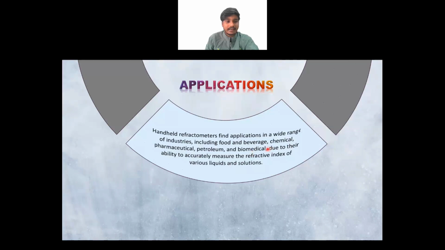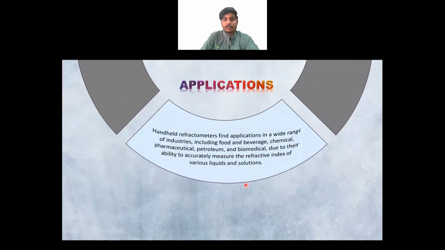We also use this in chemical laboratories or chemical industries for concentrations of solutions and for quality control. And also we use this analytical instrument in agriculture for Brix measurement in juices or vegetables, and soil moisture testing.